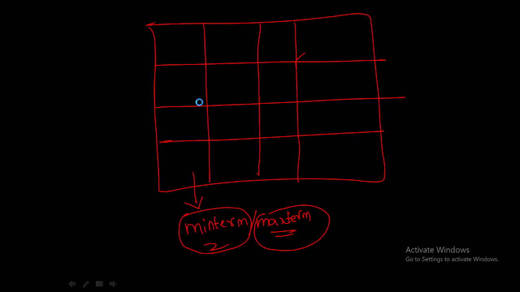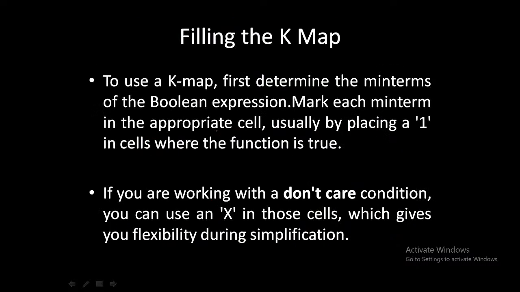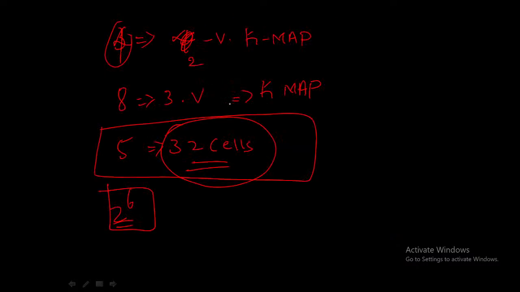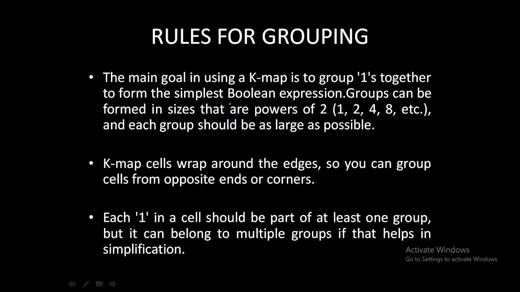Now let's see the different types of K maps which are present and the structure of K maps. Let us see a 2 variable K map first.